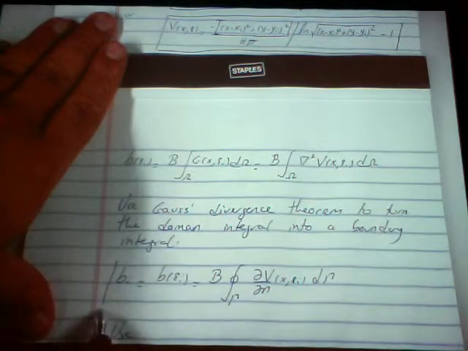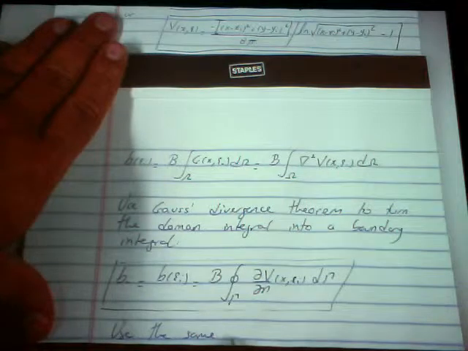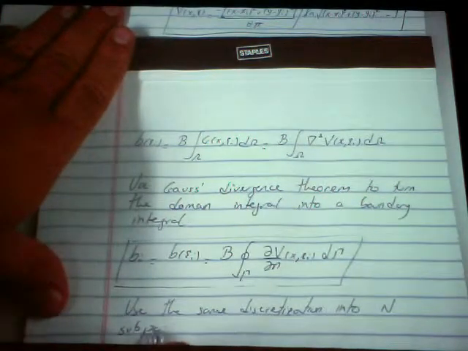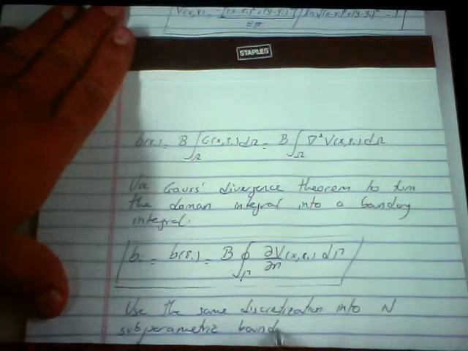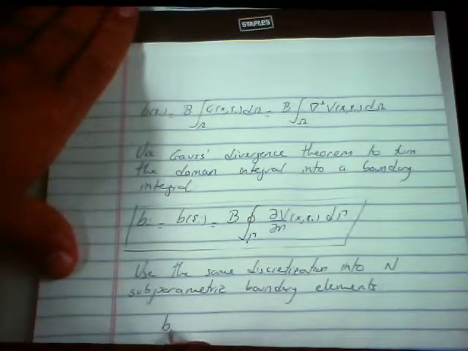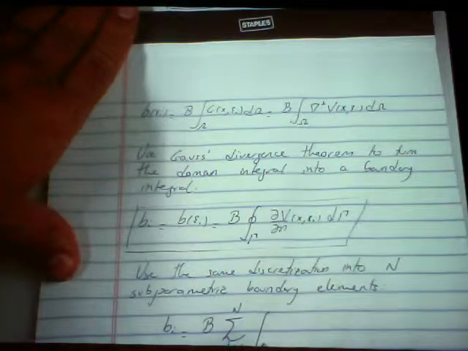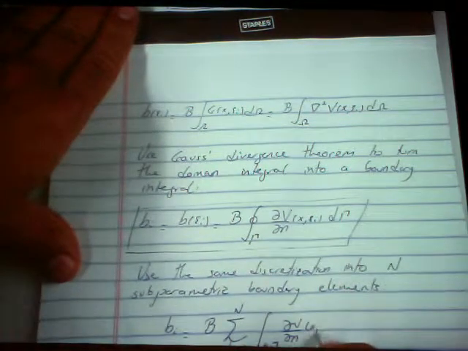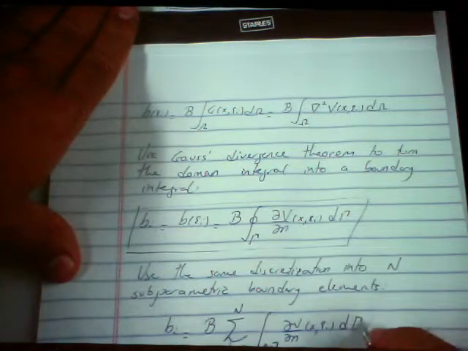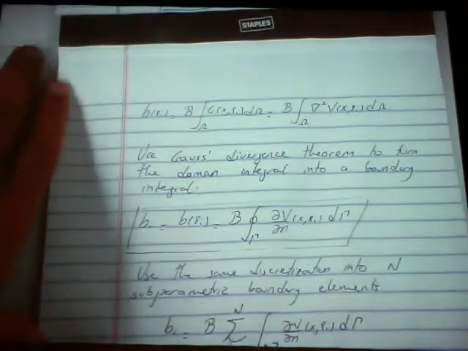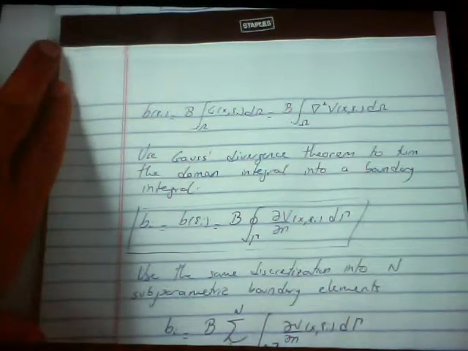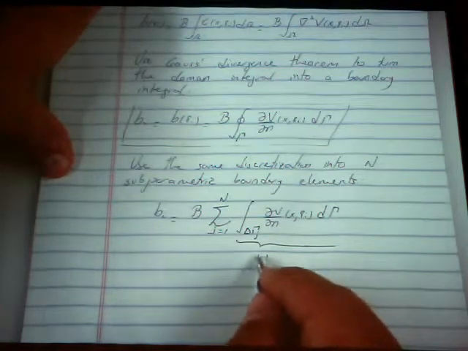So now we use the same discretization into n supramatric boundary elements, and therefore bi should be equal to b times the summation from j equal 1 to n of the integral over delta gamma j of dv dn of x psi I d gamma, and we're going to call each one of these u ij.